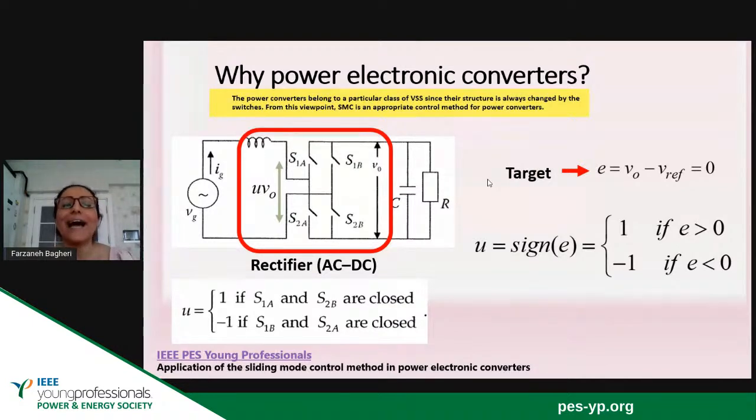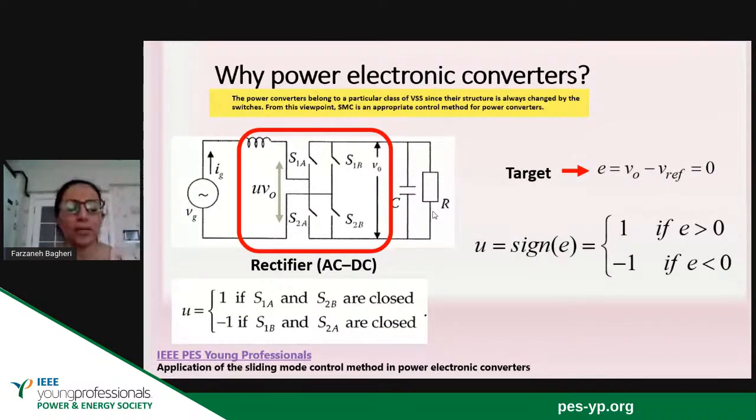Let us clarify with a power electronic converter, which is a rectifier. Rectifier means a power electronic converter that is changing AC into DC. So the input voltage is AC and the output voltage is DC. Let us first of all look at this power electronic converter.